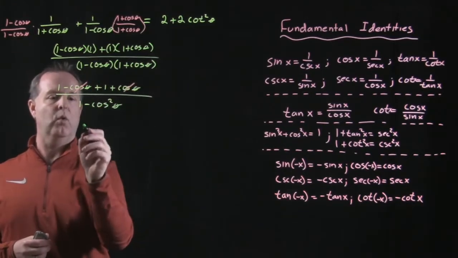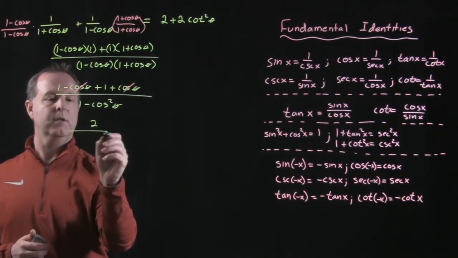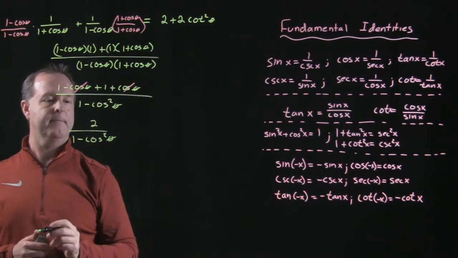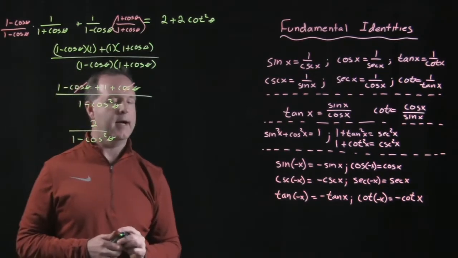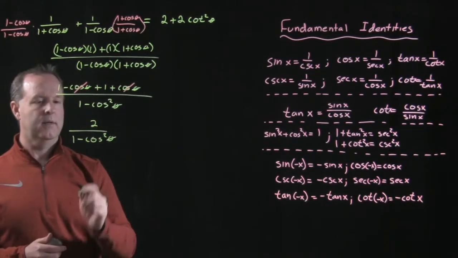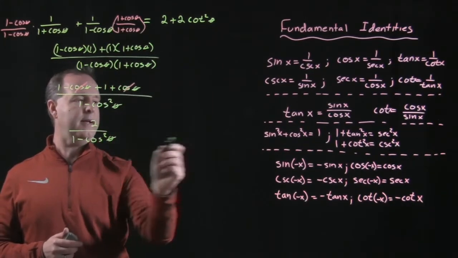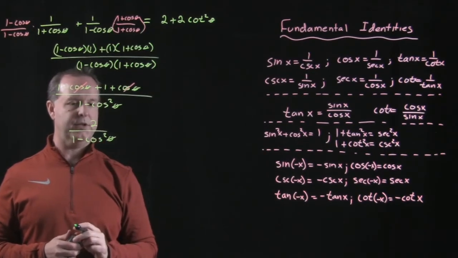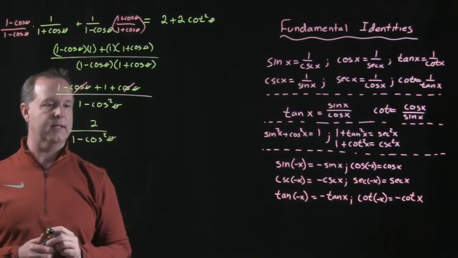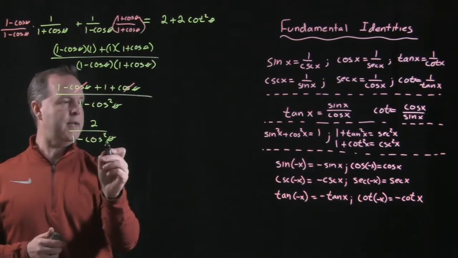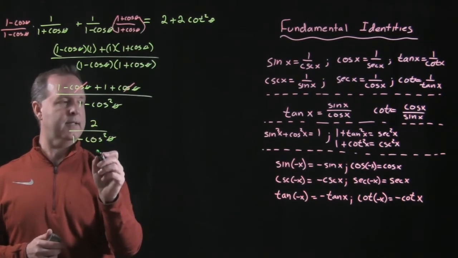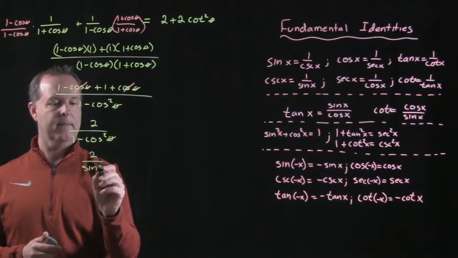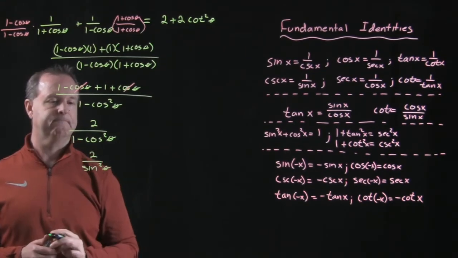Then I have 1 plus 1, which equals 2. The denominator becomes 1 minus cosine squared theta, so 2 over 1 minus cosine squared theta. And that 1 minus cosine squared theta, I can go one more step if I need to. I'm not sure that I'm going to need to, but I can. 1 minus cosine squared theta is the same thing as sine squared theta. So that can also equal 2 over sine squared theta.